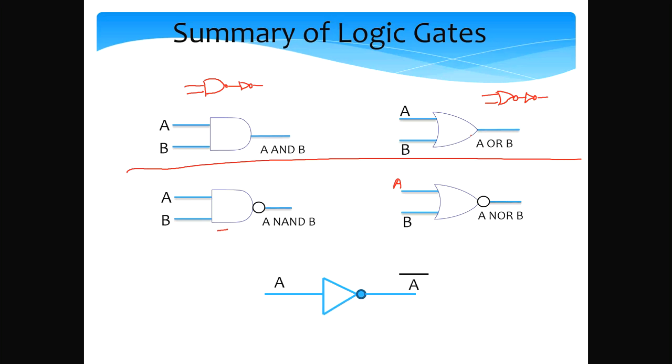So these are called the basic logic gates: AND, OR, NAND, NOR, and the inverter, of course. Let me write an inverter over here.